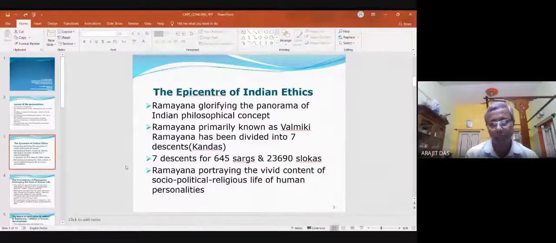The Ramayana also portrays the vivid content of the socio-political and religious life of human personalities, as reflected in those societies.